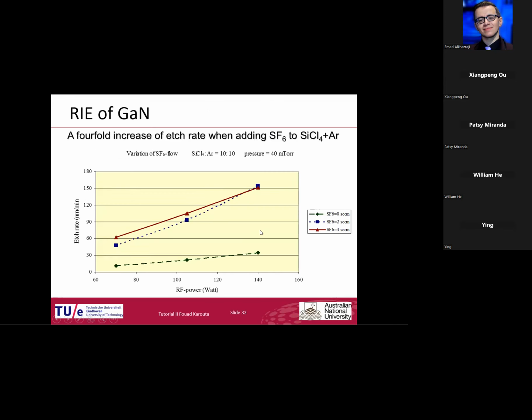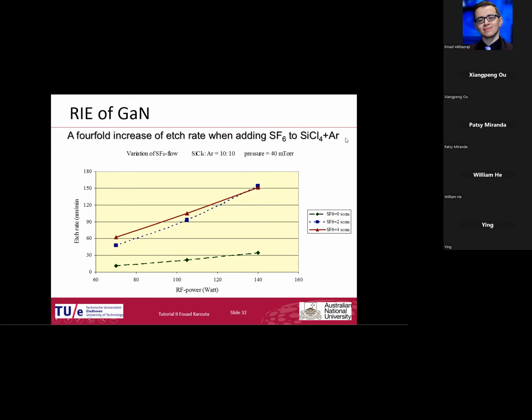Now, I want to touch a little bit on gallium nitride etching. I have a much larger presentation, but I'm not going to show all the slides. I just want to show that I was using reactive ion etching of gallium nitride using silicon tetrachloride and argon, and at one time I added SF6.